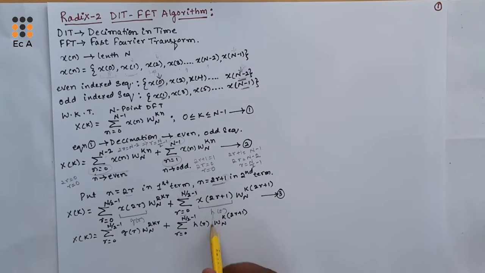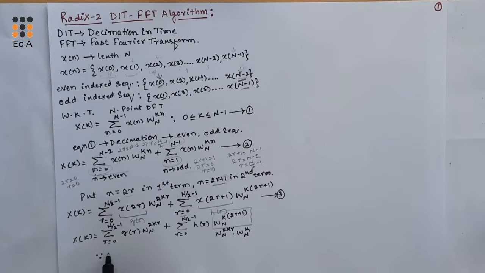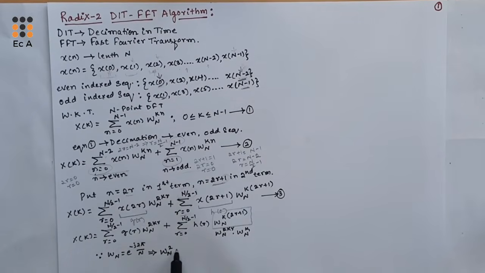Now, in this equation we can rewrite this term as W_N to the power of 2kr into W_N to the power of k. Since W_N is equal to e to the power of minus j 2 pi by N, we can write W_N to the power of 2 as e to the power of minus j 2 pi by N into 2.